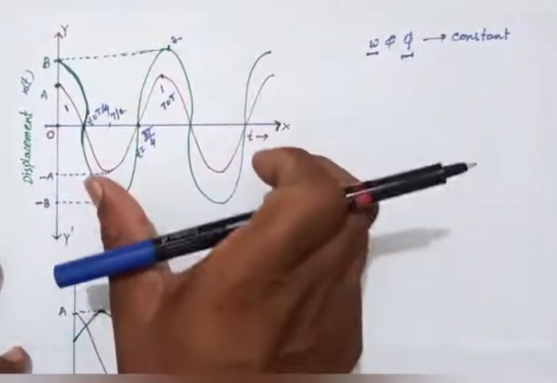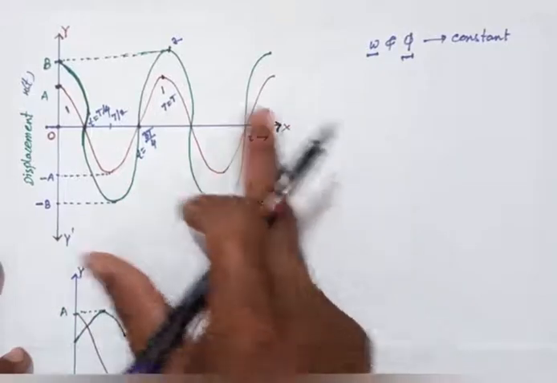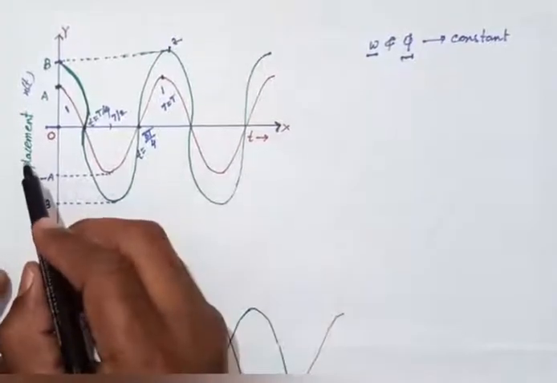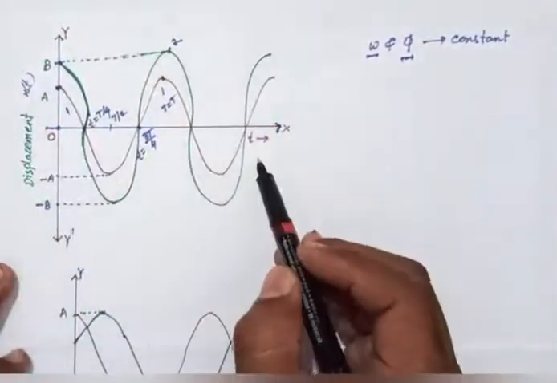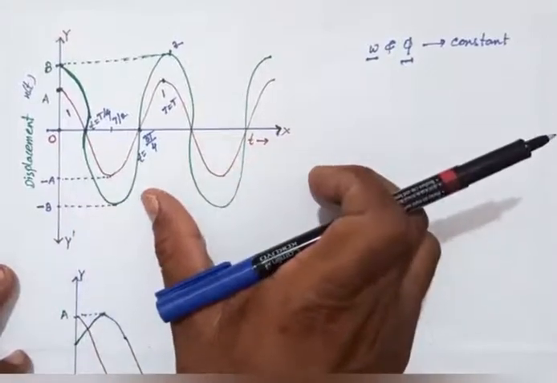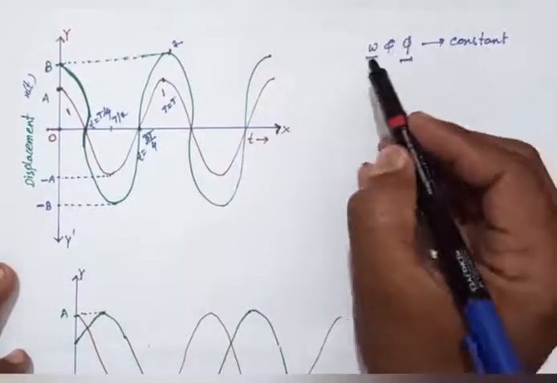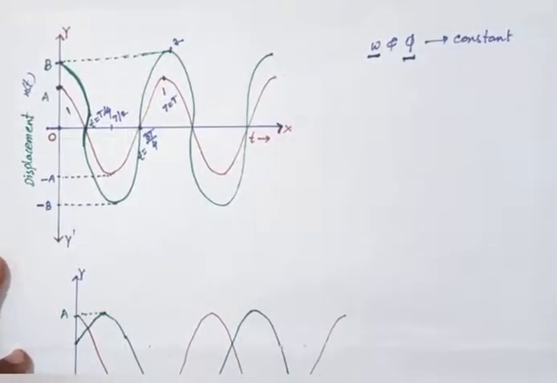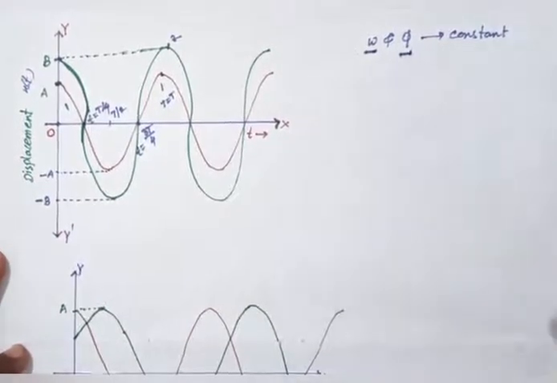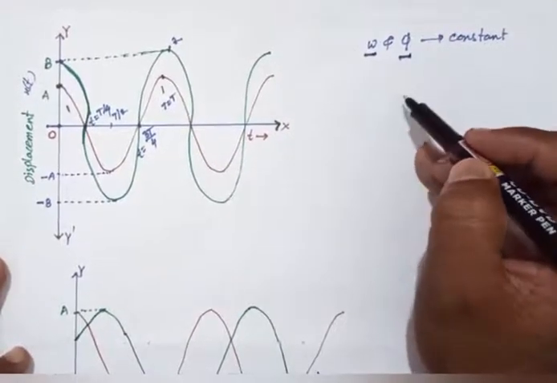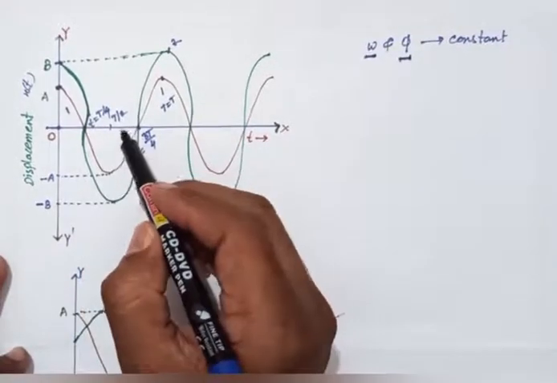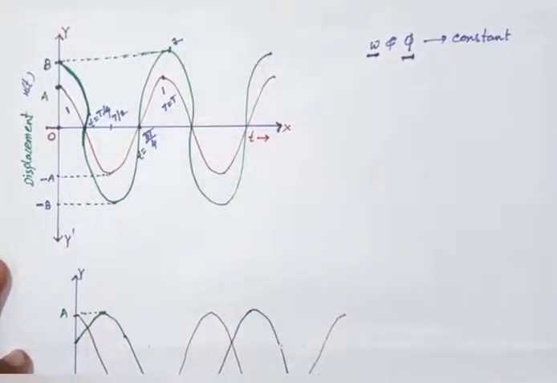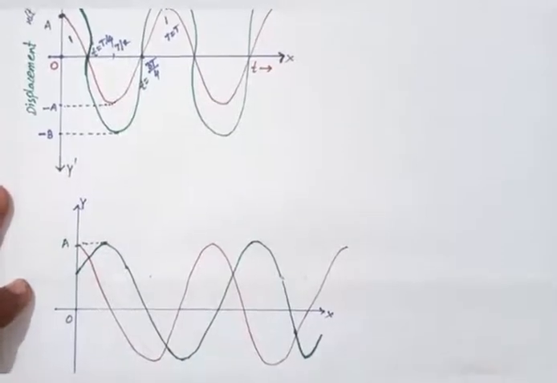So this graph explains the time displacement graph of two simple harmonic motions with different amplitudes, but the angular frequency and phase constant are constant, at t equals 0, T by 4, T by 2, 3T by 4, and capital T. Again we can take another graph here.